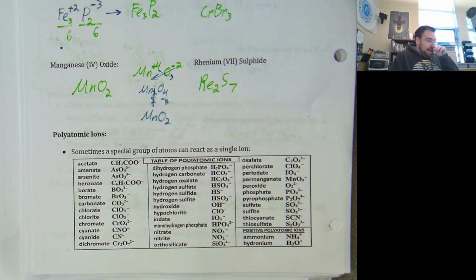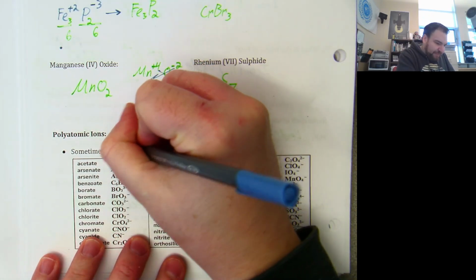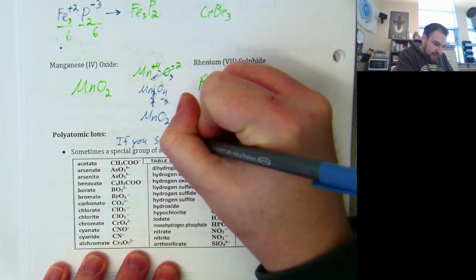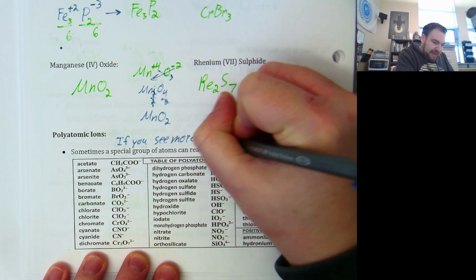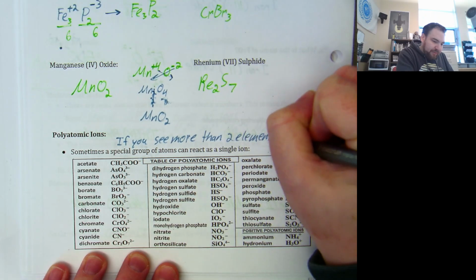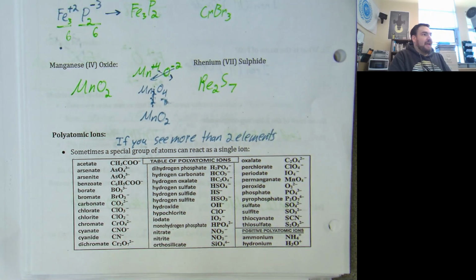So the big clue when you're figuring out if you're working with polyatomic ions or not is, if you see more than 2 elements. Everything we've done up to this point has only had 2 elements to work with.